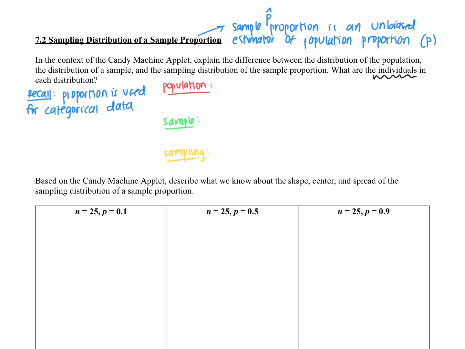Okay, so the population is all candy in the machine. The sample is the 25 candies chosen for our one specific sample.